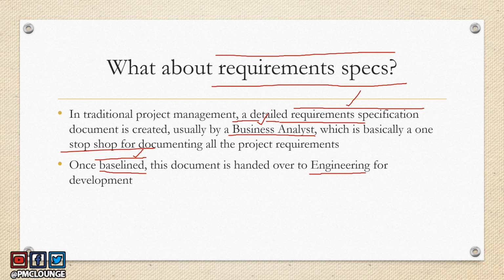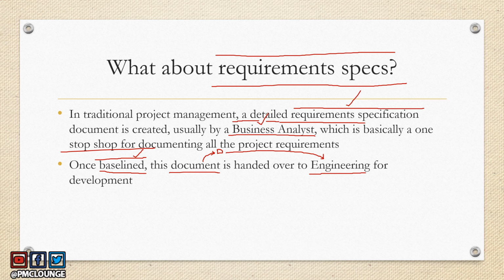Now, in certain projects, instead of engineering, this document is going to first go to a design team who is going to prepare a high level design, a low level design, right? They are going to design all the requirements, and from there on this goes to engineering for coding. So that is also possible.